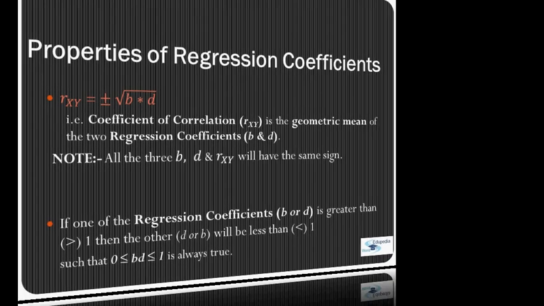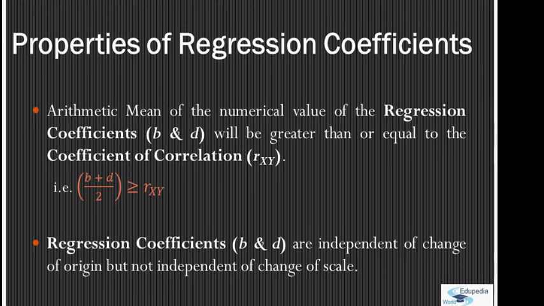Let's move on. The next property says that the arithmetic mean of the numerical value of the regression coefficients b and d will be greater than or equal to the coefficient of correlation Rxy.